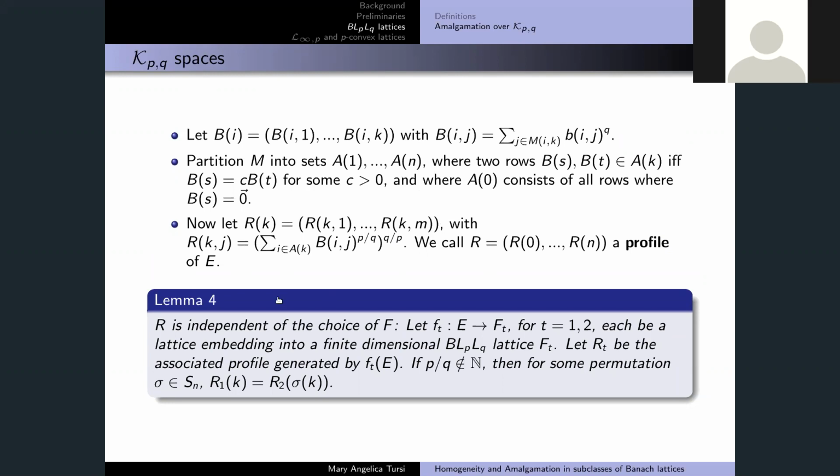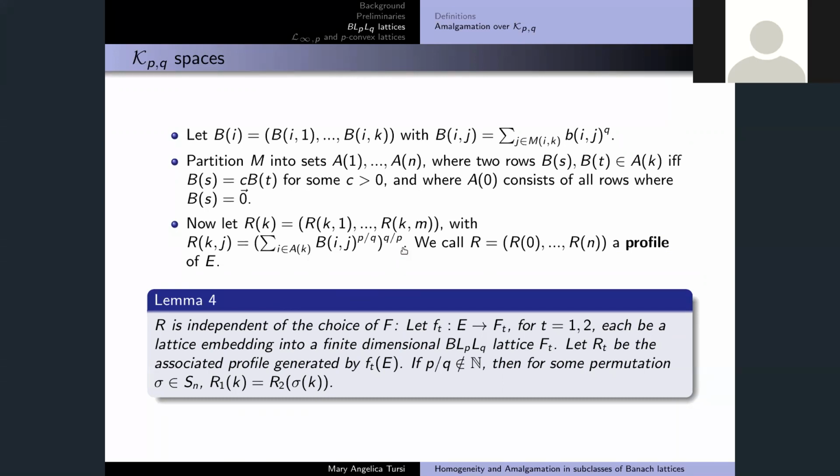And then for each of these A_1 through A_n, we define R_{kj} to be this p-over-q sum, and then rooting by q over p.